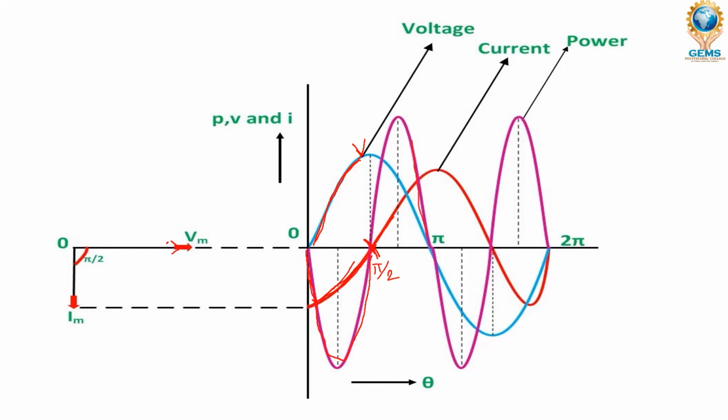Okay, in case of a resistive network, it is like that. This was the voltage, and this was the current.